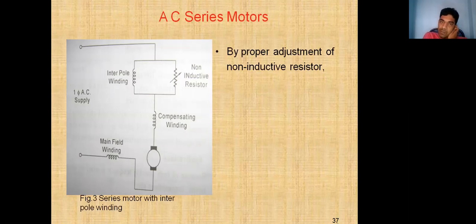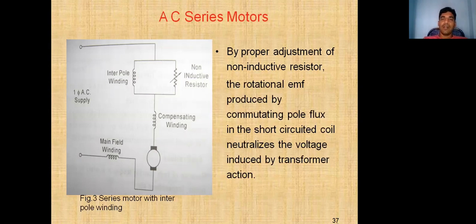By proper adjustment of the non-inductive resistor, the rotational EMF produced by commutating pole flux in the short-circuited coil neutralizes the voltage induced by transformer action.